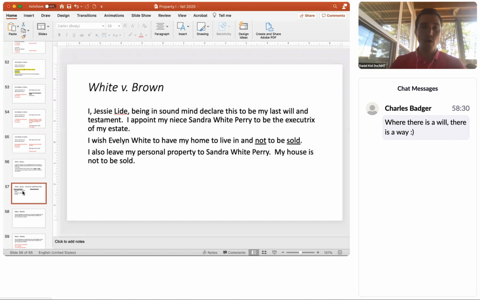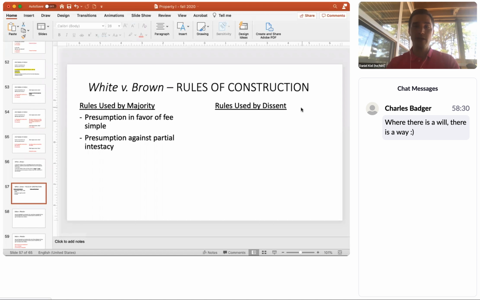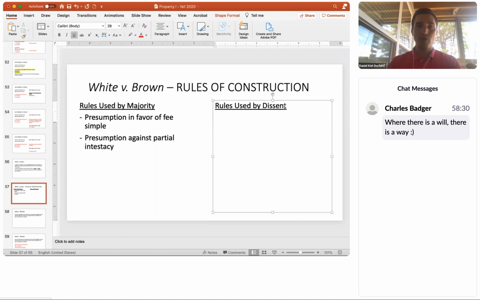And so one thing that the dissent is utilizing is a separate rule of construction, which says don't ignore any words in the will. In other words, don't make them useless. Okay? The result, Alex, if it's a fee simple, is what with regard to that language, don't sell my house?